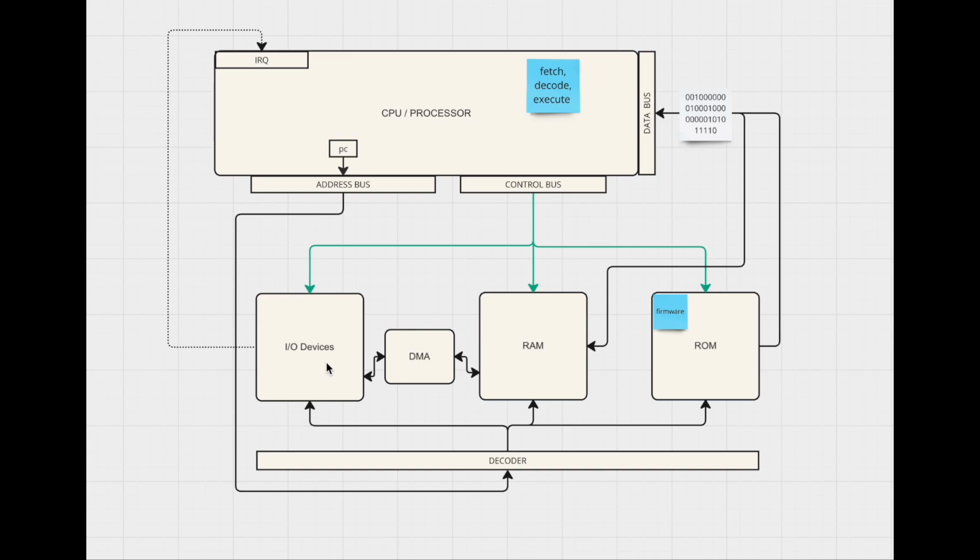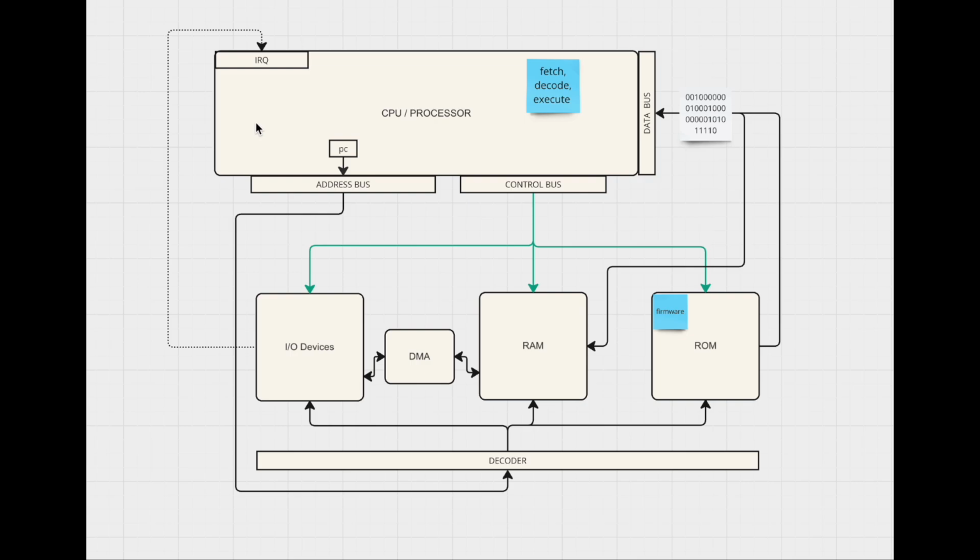And once the I/O device is done, once it fetches all the data or once it writes all the data to RAM, it usually sends an interrupt signal to the CPU to tell it that, hey, I'm done writing all the data to RAM, or I'm done reading all the data from RAM. So you can round up the I/O operation.